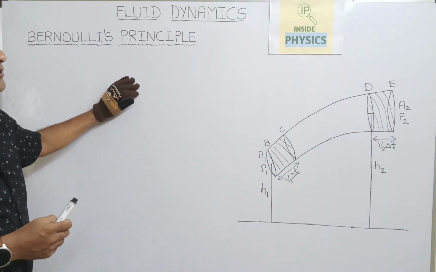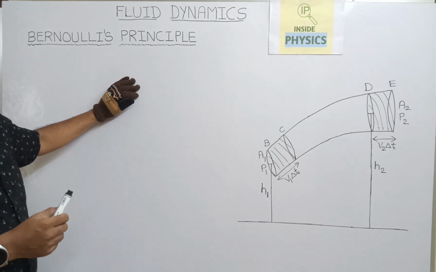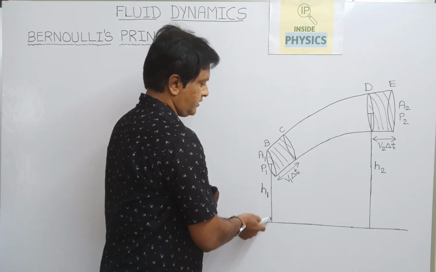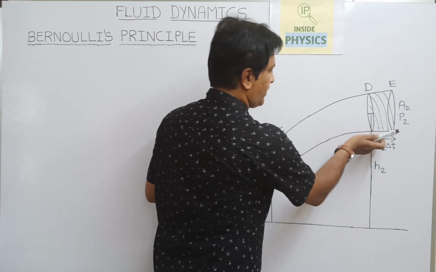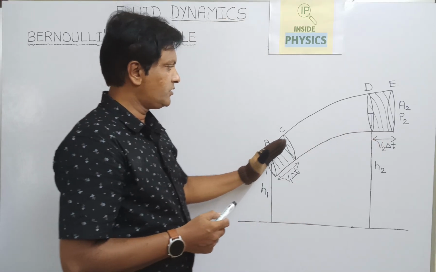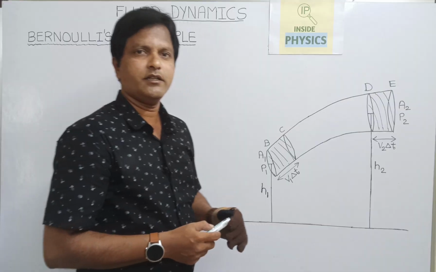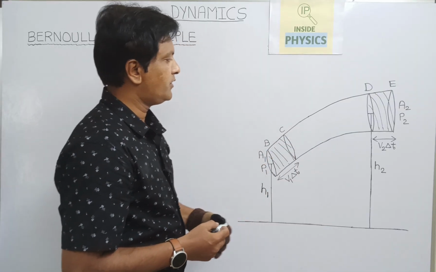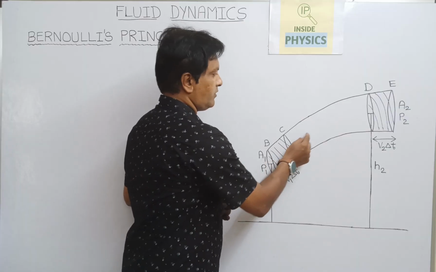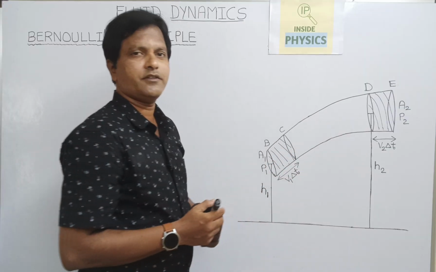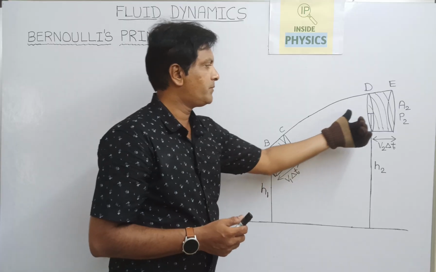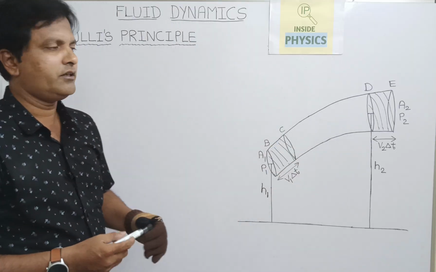For that we use the law of conservation of energy, because there is an energy concept. The potential energy is varying with the height, and the kinetic energy of the liquid is also varying with the velocity change, and the pressure inside the tube may also vary at different points. If you consider the pressure here and the pressure here, that may be varying.